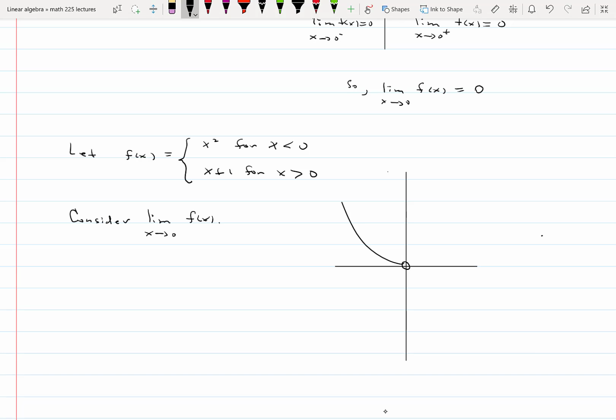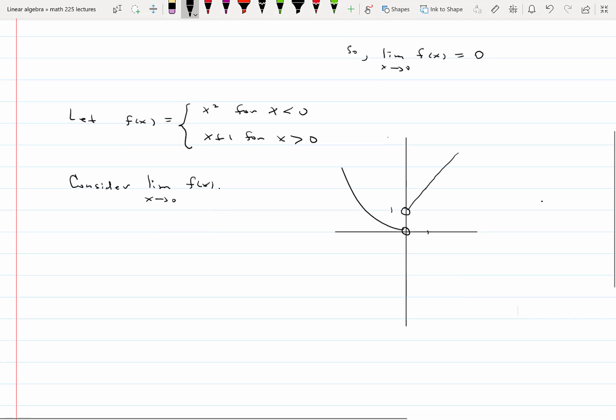Then for x greater than 0, we have y equals x plus 1, which is simply a line. If we were allowed to let x equal 0, then y would equal 1. We're not allowed to let x equal 0, so there's a little circle there. If x equals 1, then y equals 2. And so our function looks like part of a line for x positive and part of a parabola for x negative.